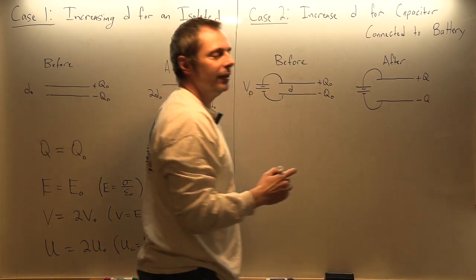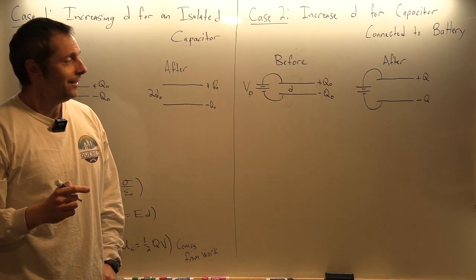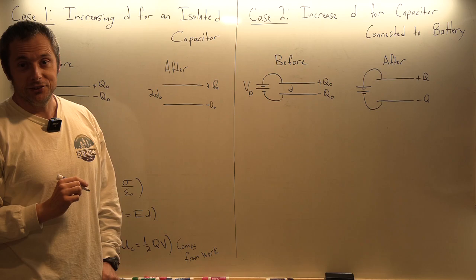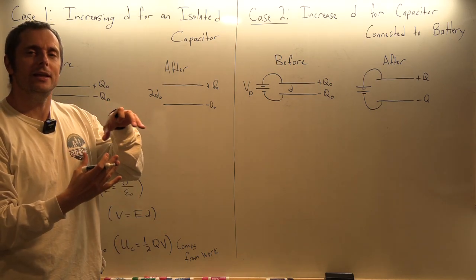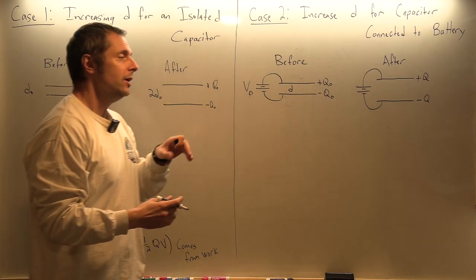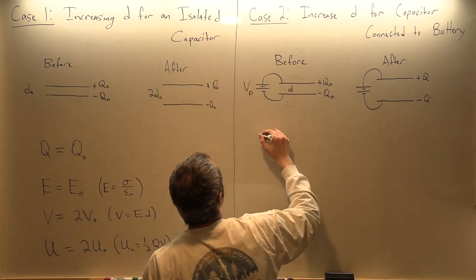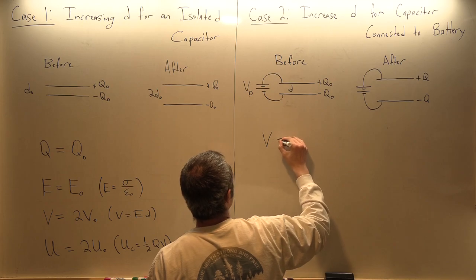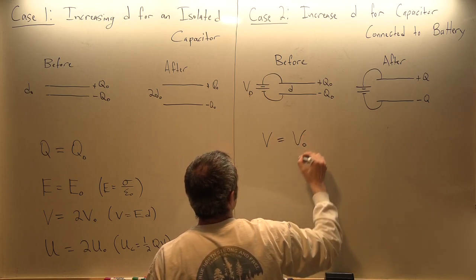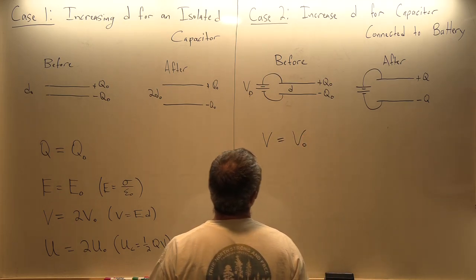Well, the first thing that's obvious is the voltage can't change because the battery's maintaining that with the chemical reactions. So it's not the charge that remains constant this time, it's the voltage. The new voltage is equal to the old voltage.